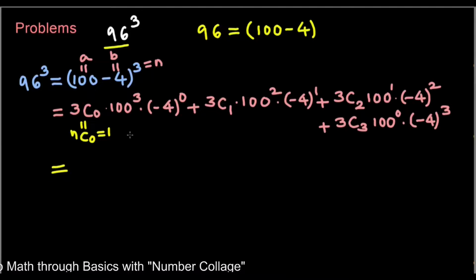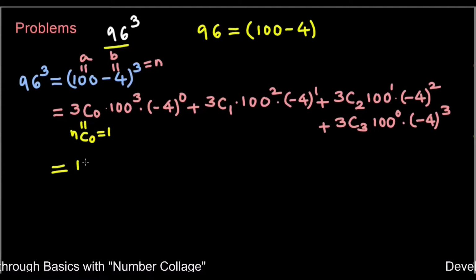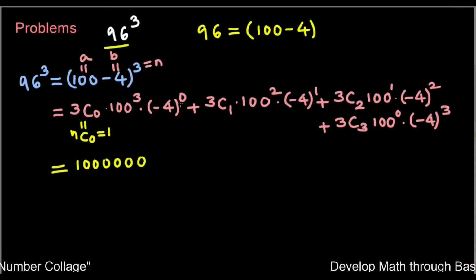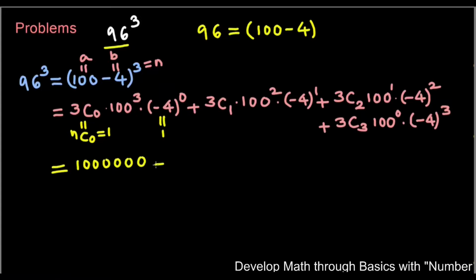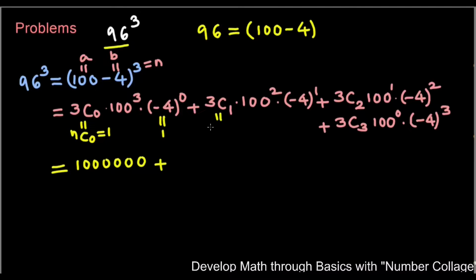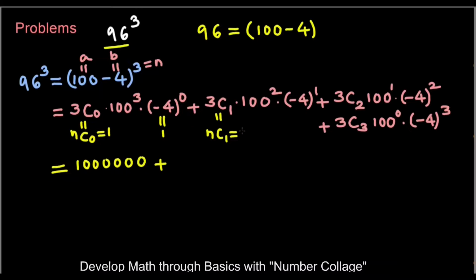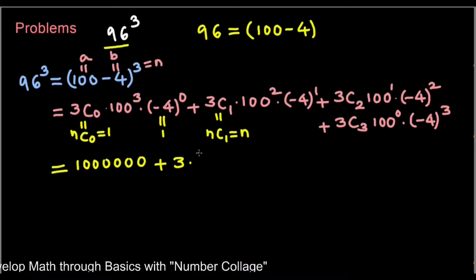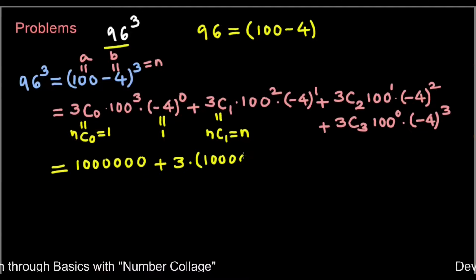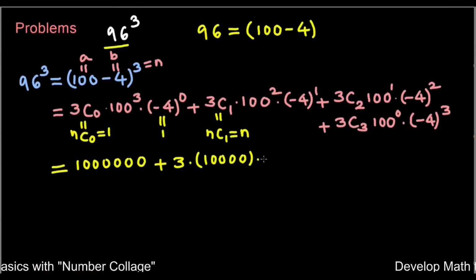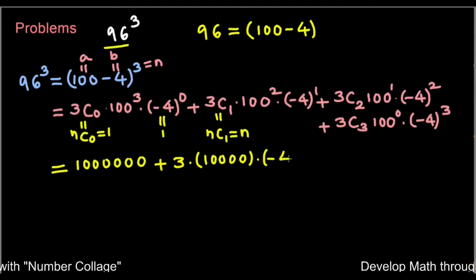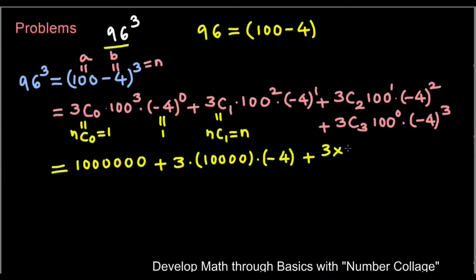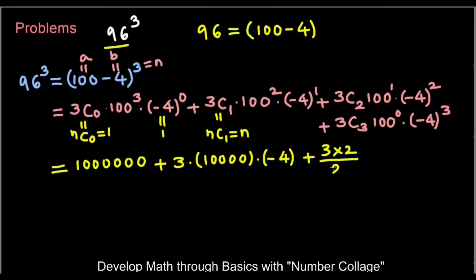So this will be 1 into 100 cube, that will be 1,000,000. Minus 4 raised to 0 will be 1. Plus 3C1 is similar to nC1, which we know is n. So this will be 3 into 100 square, which is 30,000, multiplied by minus 4 raised to 1. So that will be minus 4.